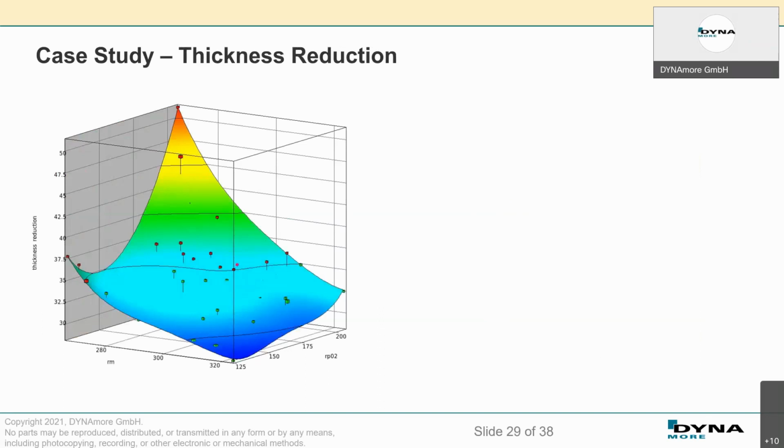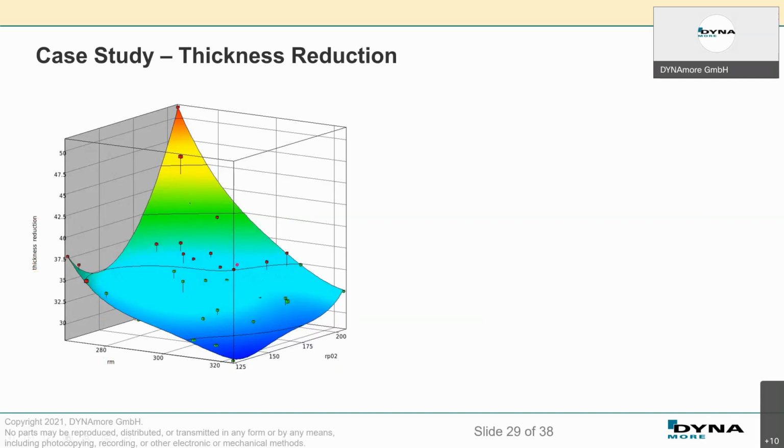Now let's have a look at the statistics of our responses. First, the thickness reduction. What you see here on the left is the metamodel we use to evaluate all the statistics we're interested in. On the X and Y axis, the parameters are displayed, and on the Z axis, the response, thickness reduction in this case.